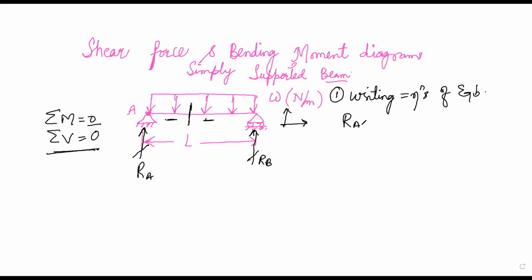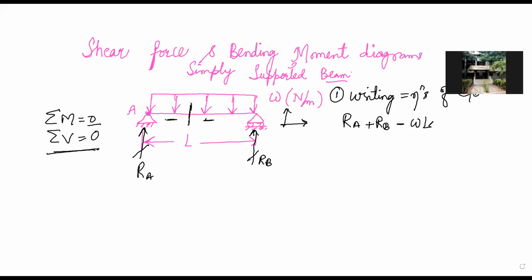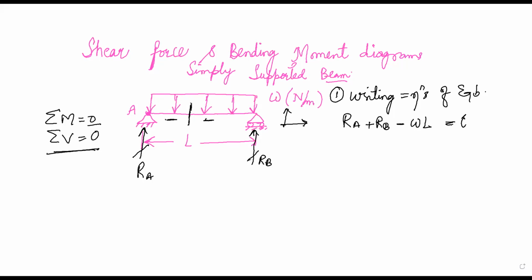So it will be RA plus RB, and you have a load acting in the downward direction, and its magnitude will be its intensity W multiplied by L, because we know from mechanics that the uniformly distributed load can be represented by a single load whose magnitude is equal to the area under the load diagram, that is W into L. So this is equal to 0.